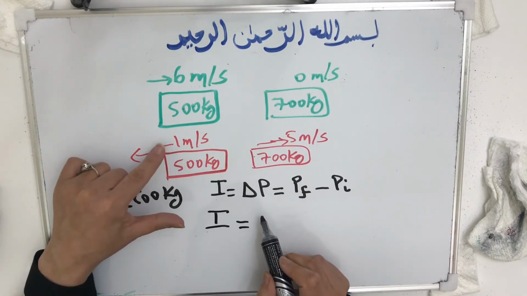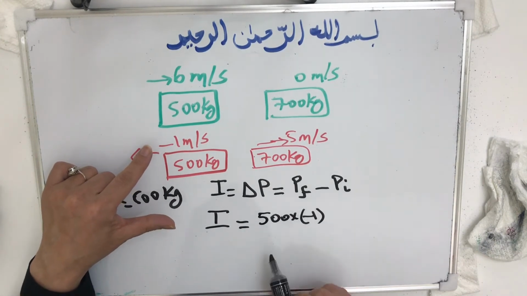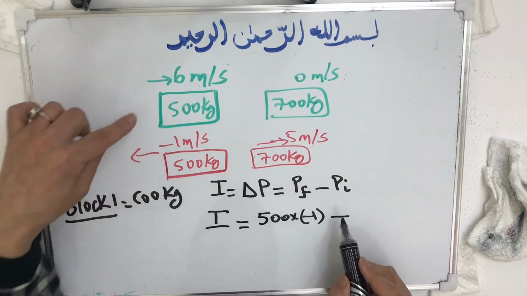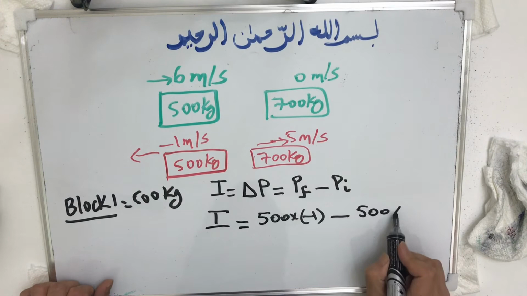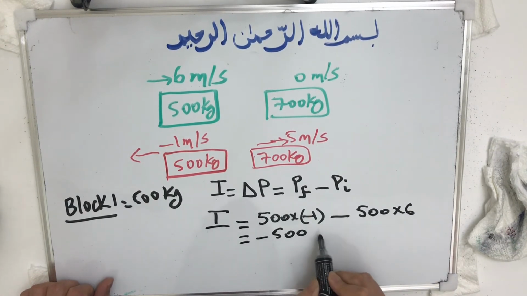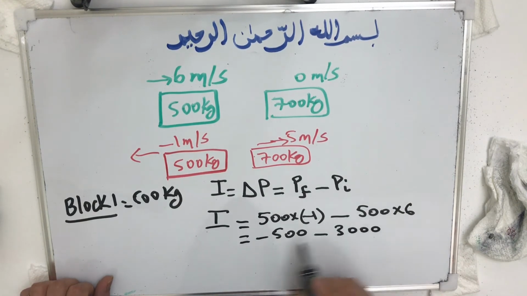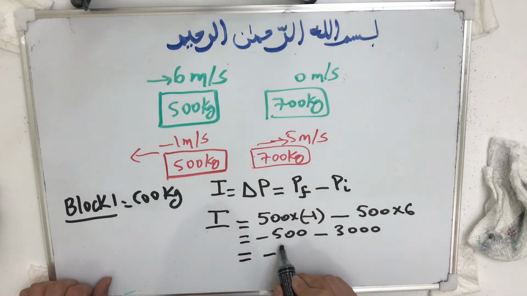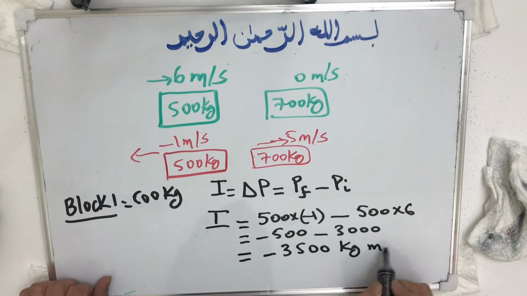It's just the mass times the V. So 500 times -1. That's my P final for block 1, minus the P initial, which is 500 times 6. So this is minus 500 minus 3000. So the impulse on block 1 is going to be minus 3,500 kilogram meter per second.